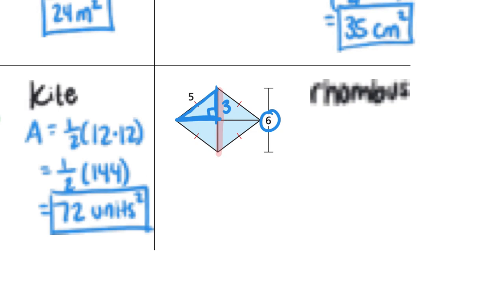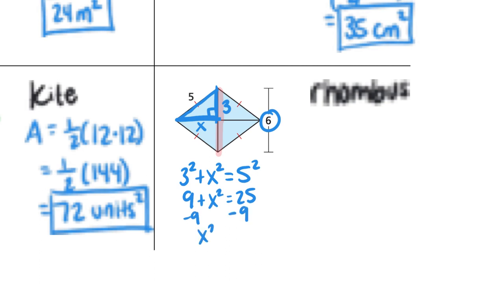If you plug into the Pythagorean theorem to get this length, which I'll call x, it's going to be a 3, 4, 5 triangle. Remember, that's one of those Pythagorean triples that we want to be familiar with. I'm showing the work here, but your x value is going to end up being 4.